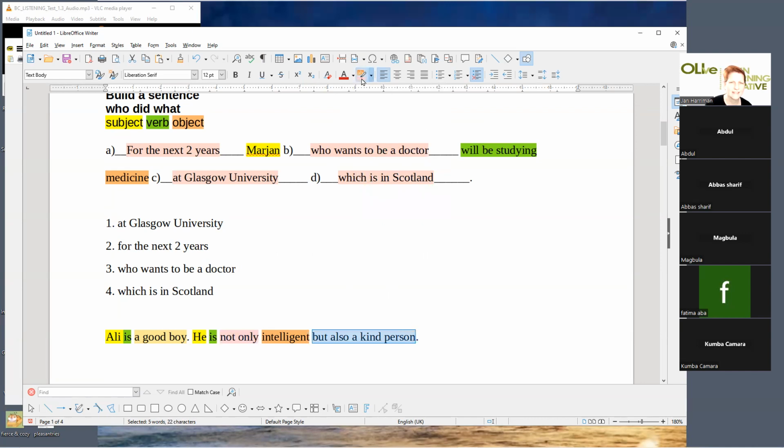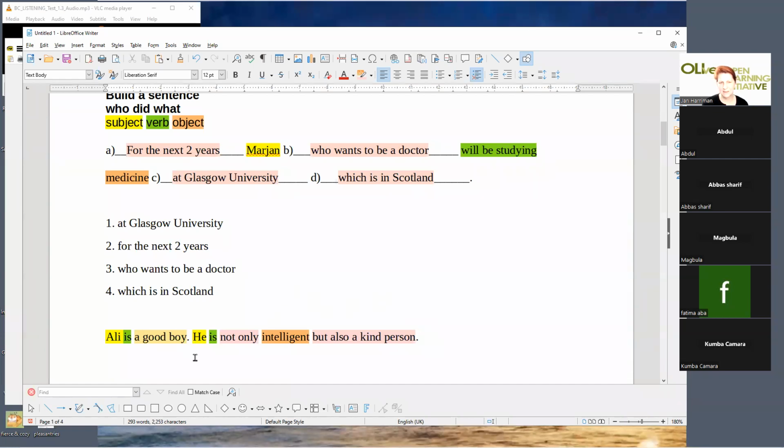But is a conjunction word. Because we could take this sentence apart and say he is intelligent. He is also a kind person. But we only need one he is, and not only means more than just, right? So we've modified intelligent with not only, and we have added this extra information at the end.